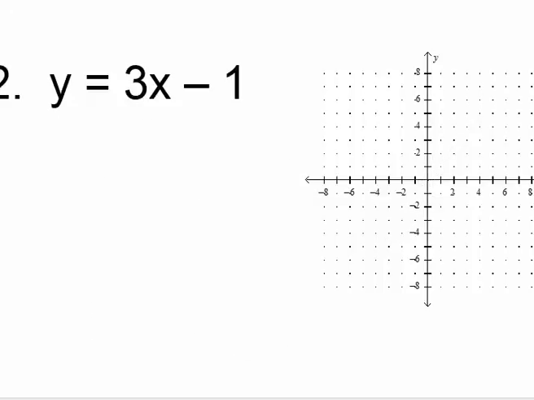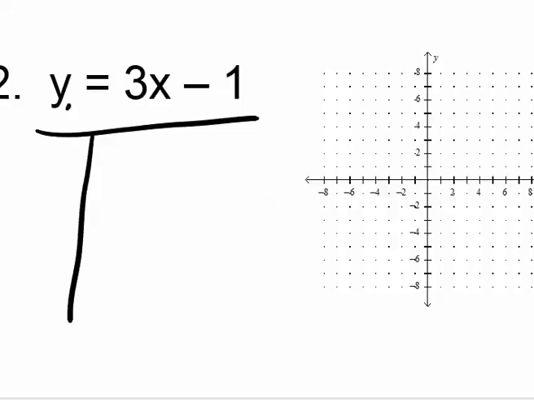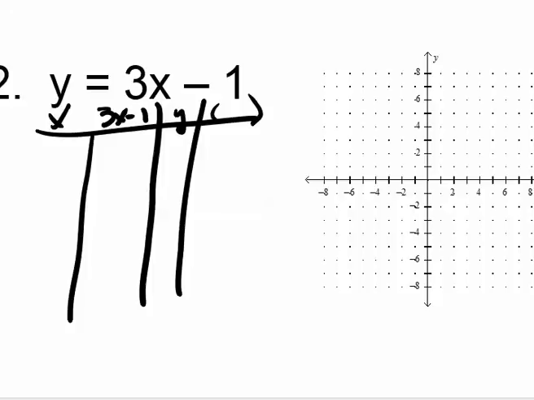Our next equation, once again, we will set up our t-chart: x, 3x minus 1, y, and then the ordered pairs, x and y. Use -2, -1, 0, 1, and 2.